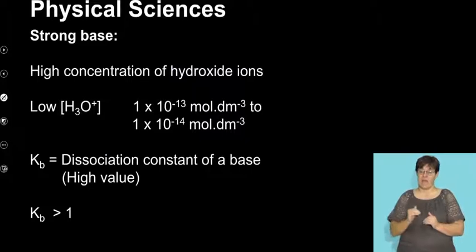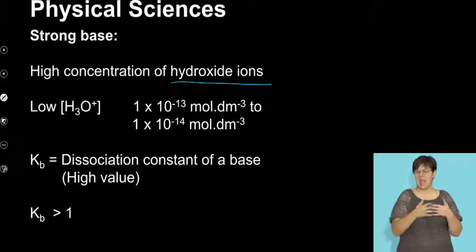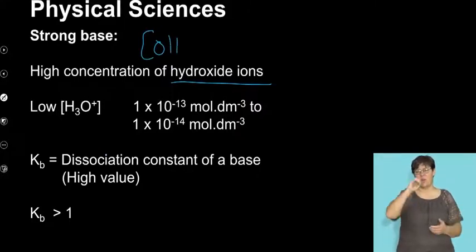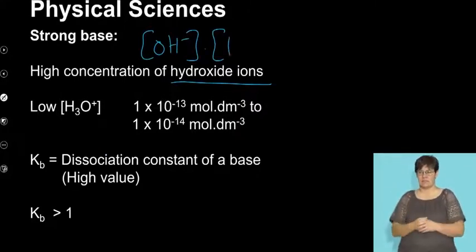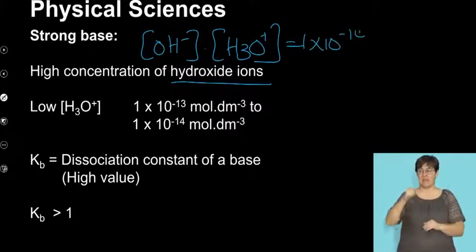If you look at the hydroxide ion concentration times the hydronium ion concentration, that will be equal to 1 times 10 to the power minus 14 for our Kw value.